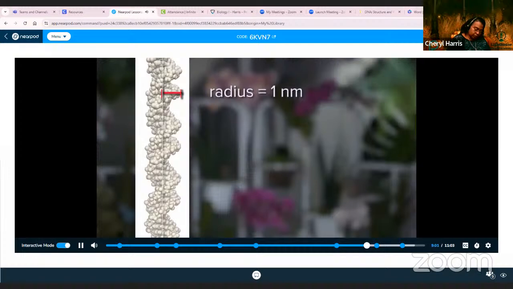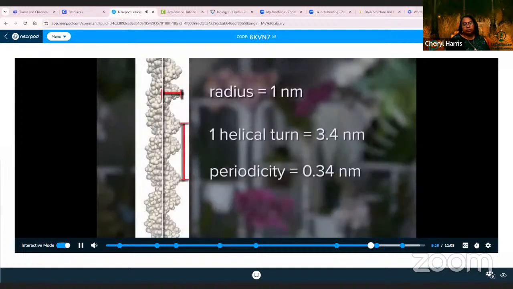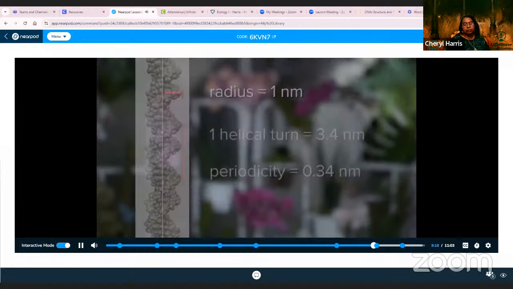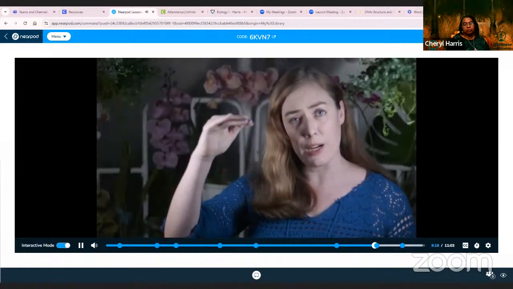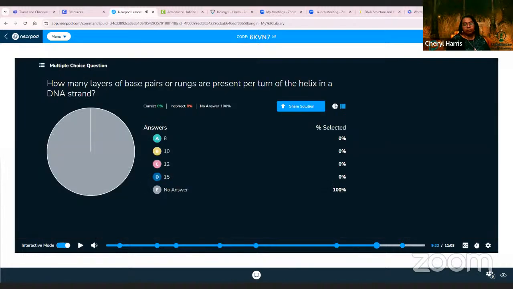The two polynucleotide strands wrap around a central axis to form a right-handed helix. The helix makes one full turn every 3.4 nanometers, and there's a 0.34 nanometer distance between nitrogenous bases. This means there are 10 layers of base pairs, or rungs, per turn of the helix. Okay.